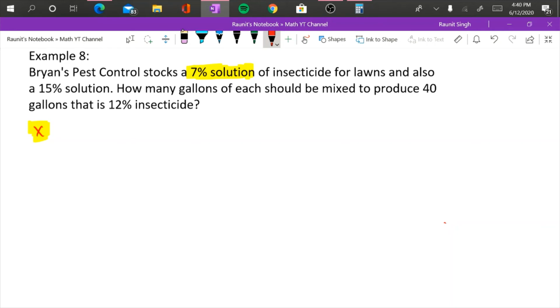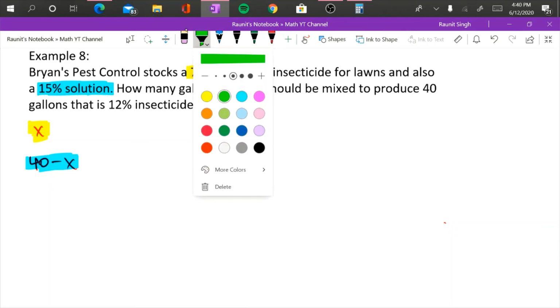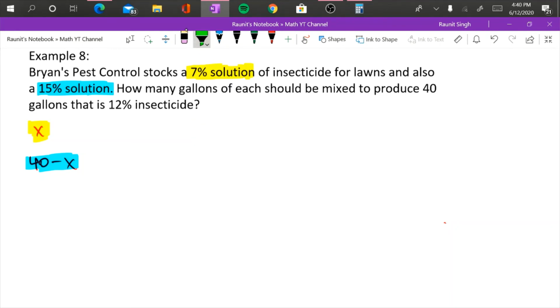So X amount of gallons for the 7%, and then 40 minus X gallons for the 15%. So as you can see, I've highlighted it differently for the correlation. And we know that we need 12% insecticide in 40 gallons.